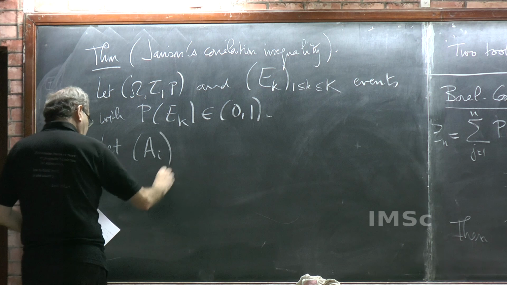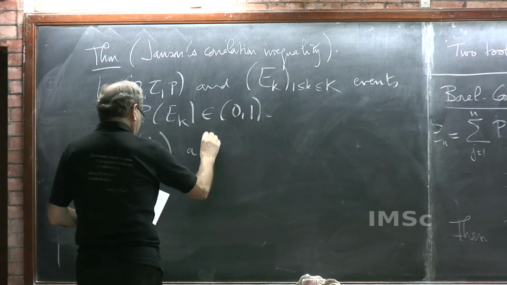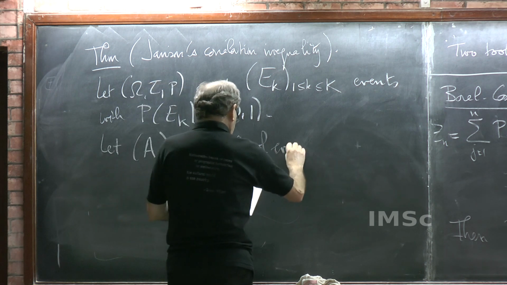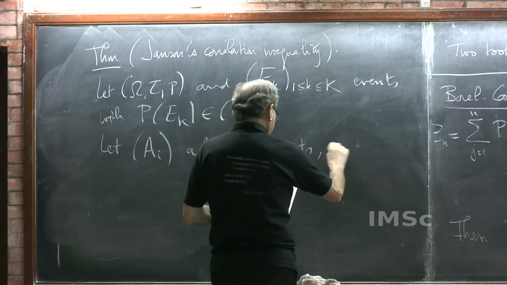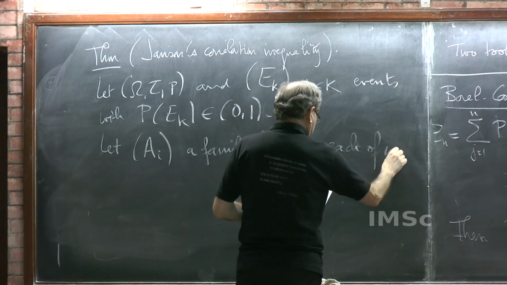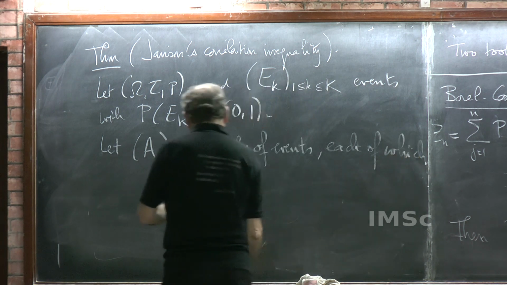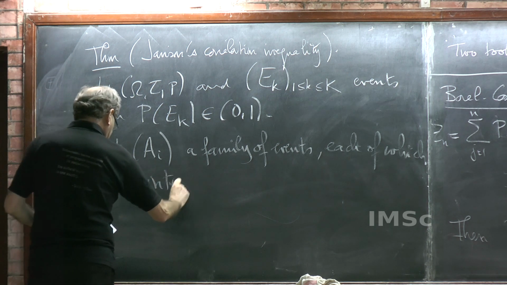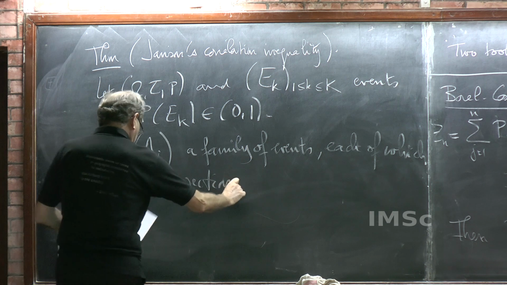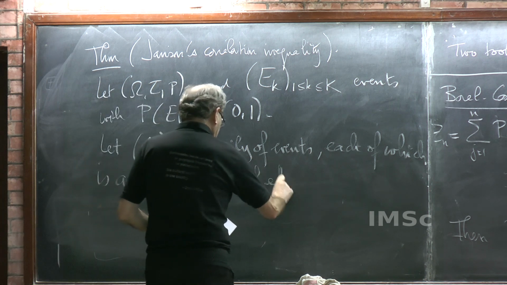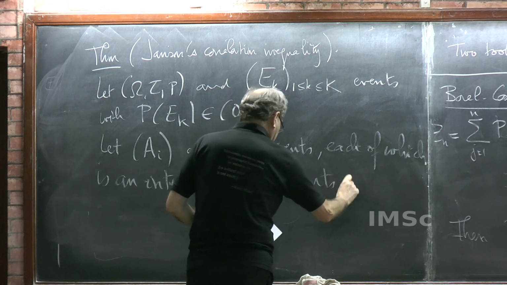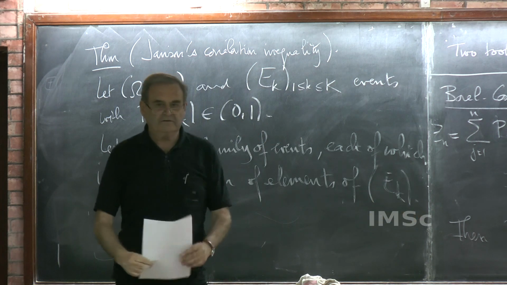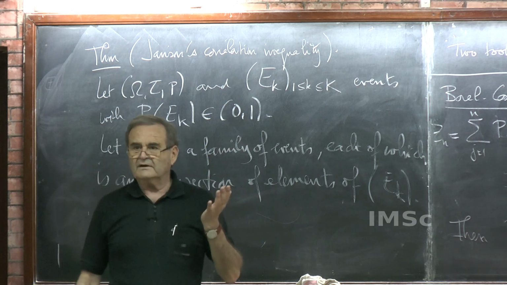Now, we consider a family Ai of events, each of which is an intersection of elements of my family Ek. Okay, this is very nice because you see what we are doing each time.